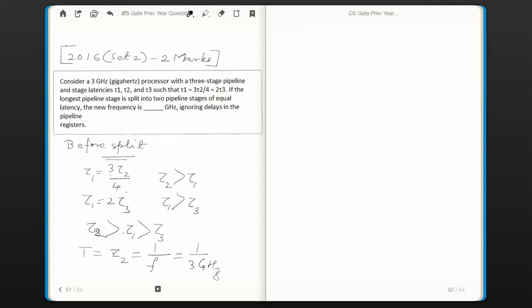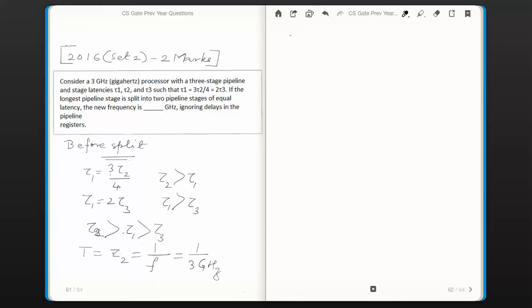Now coming to the scenario after split. After split, the stage latencies would be equal to half of the largest stage latency. We have found out the largest stage latency among tau 1, tau 2, tau 3 was tau 2. So tau 2 would be divided into 2 halves. Let us call these halves tau 2 dash, and let the other latencies be as they are because they would be untouched. Only the longest pipeline stage is divided into 2 halves.